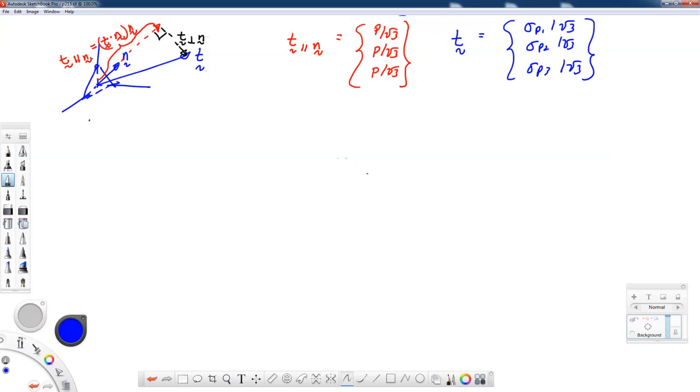T itself is sigma P1 over the square root of 3, sigma P2 over the square root of 3, sigma P3 over the square root of 3. What I really want to find is the magnitude of T perpendicular to N. This is where the Pythagorean theorem comes in.